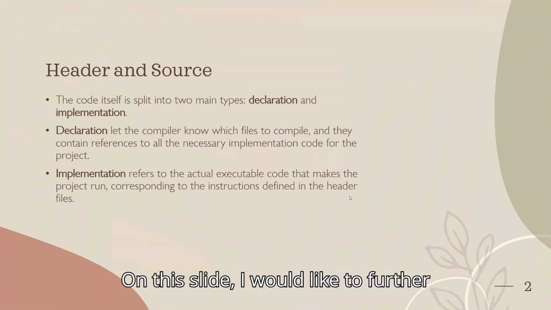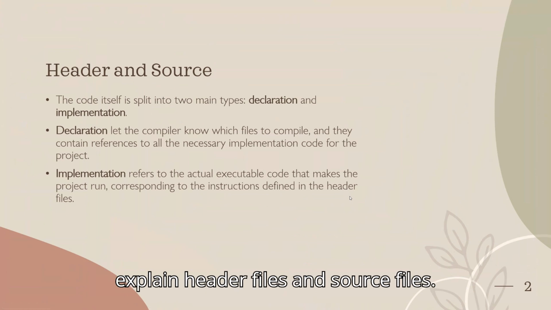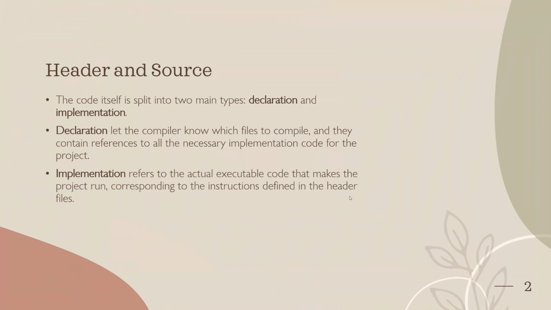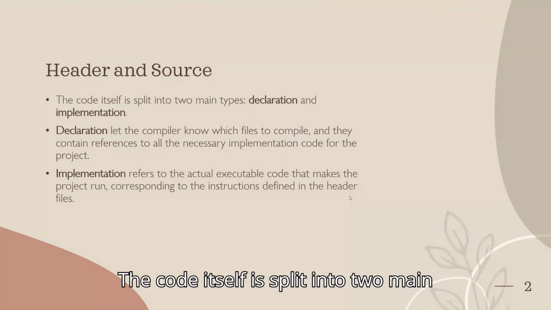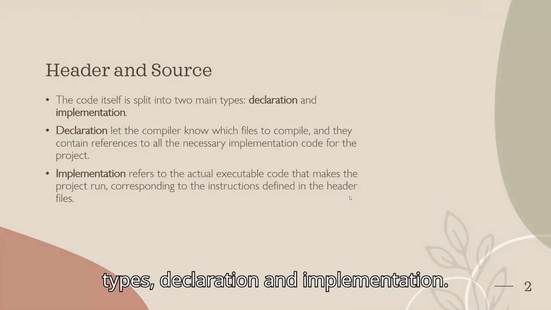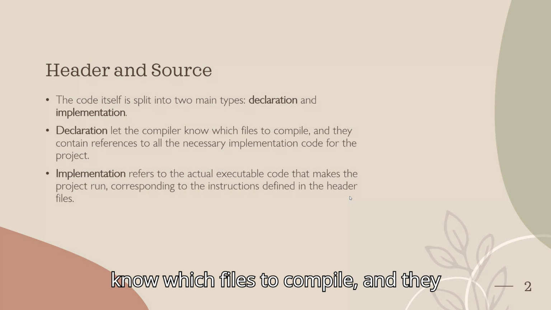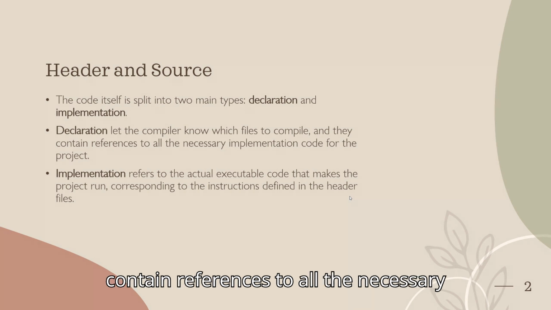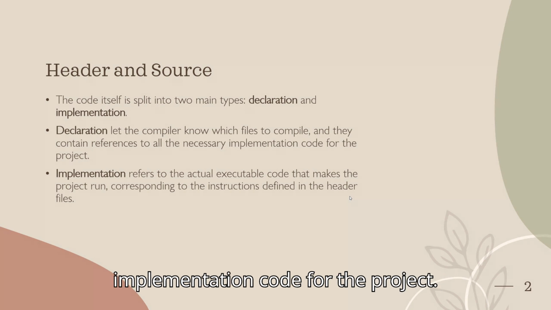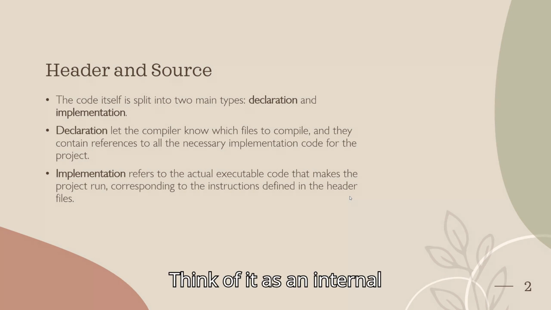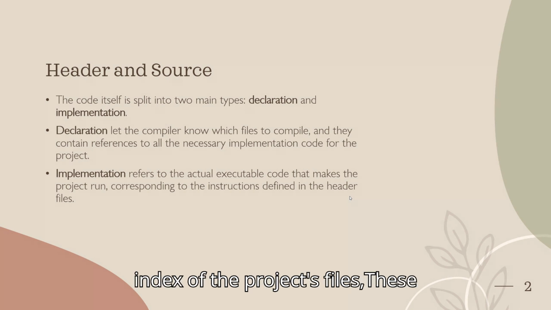On this slide, I would like to further explain header files and source files. Okay, the code itself is split into two main types, declaration and implementation. Declaration files let the compiler know which files to compile, and they contain references to all the necessary implementation code for the project. Think of it as an internal index of the project files.